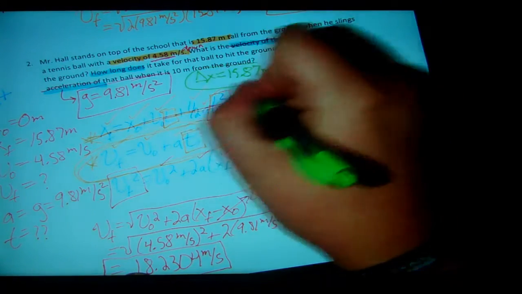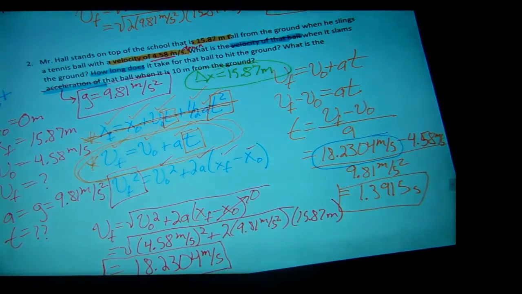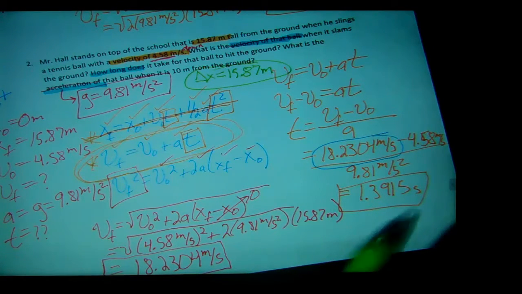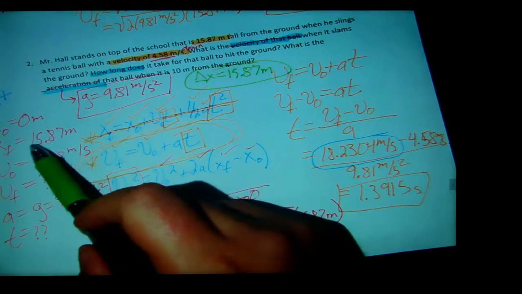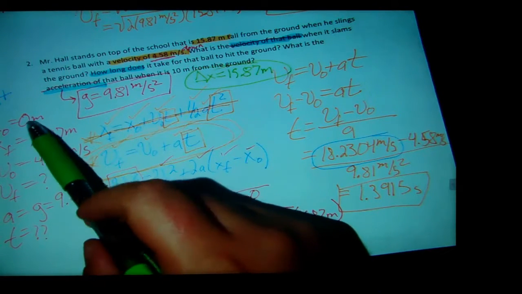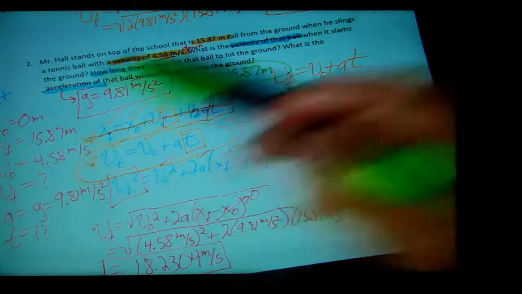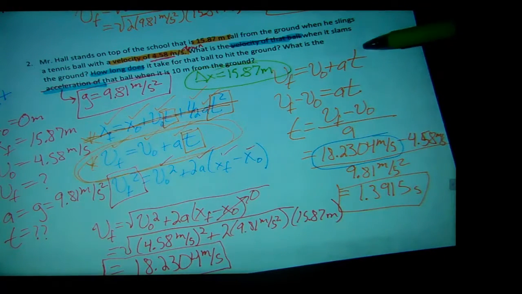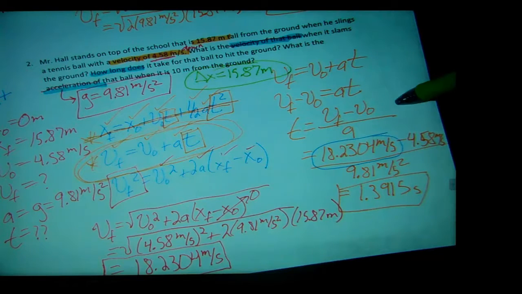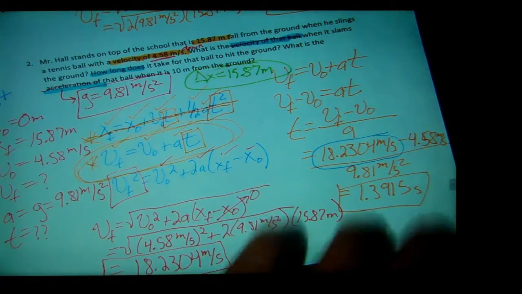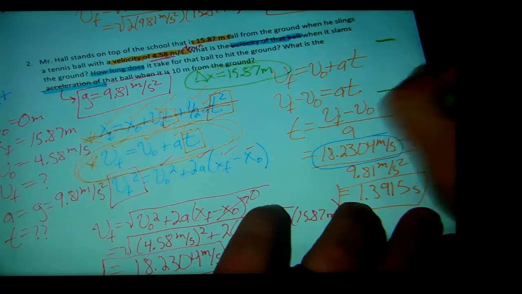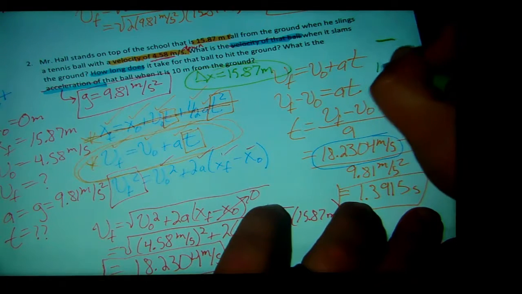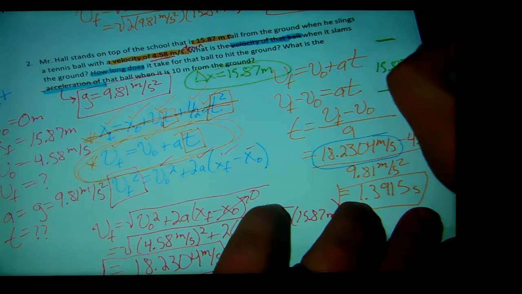That's the change in it. It's up to you however you want to make that. In my case, I want to make my final position 15.87 because I want to deal with positive numbers. If I start at 0, I've only gone from where my hand is down to the ground. So it doesn't matter. Here's my hand, here's the ground. It's 15.87 meters between them.